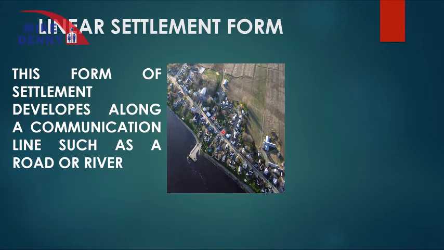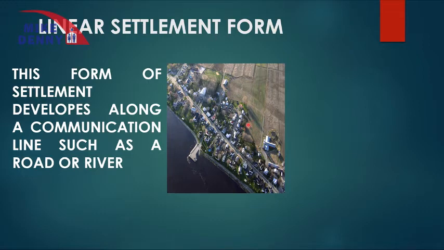In that case, we can talk about a linear settlement. Beside that settlement, you can see a river, and settlements have also developed along the river, and that is why we talk about a linear form.